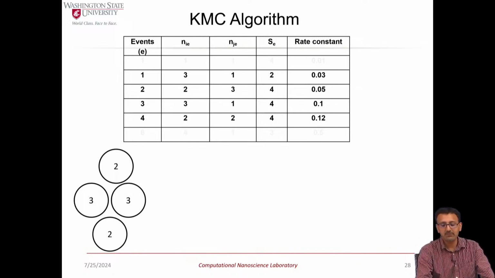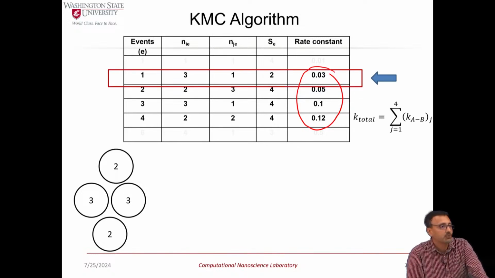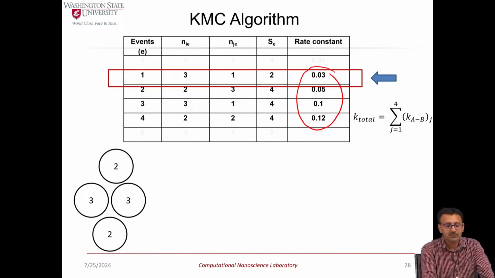Each of them has a certain rate constant or transition rate. So, this is the part where we use our stochastic approach of generating a random number, based on which we determine which particular event is going to happen. Let us for example say that this first event is what we pick from this table. What is the definition of this first event? That we pick a site which has 3 neighbors.